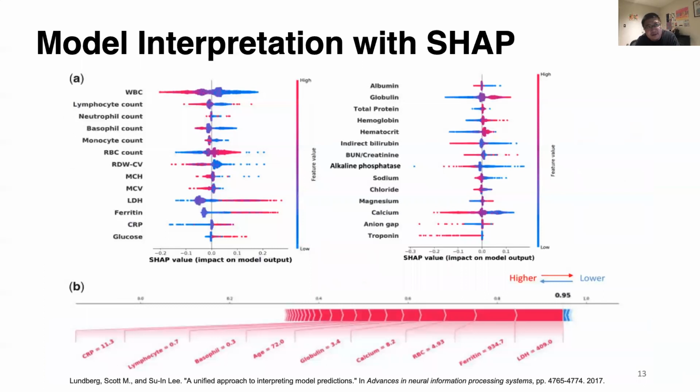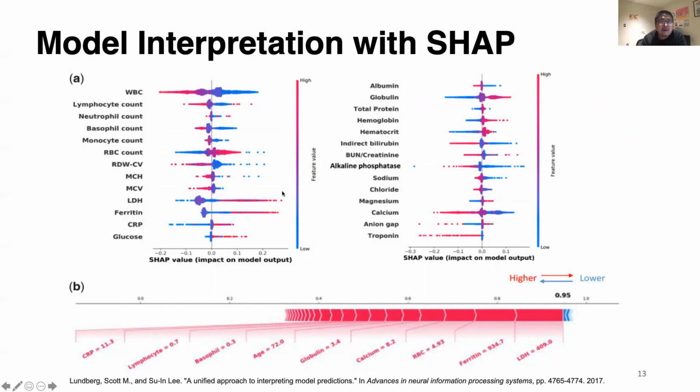After the model is built, we have also interpreted the model using the SHAP value, which is a post-hoc model interpretation method for black box models. As you can see, these are the feature contributions to the prediction. Here, the horizontal axis corresponds to the SHAP value for every feature, which you can think of as a contribution to the final prediction.